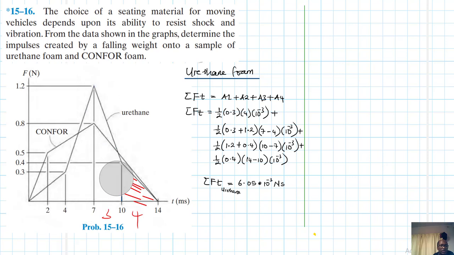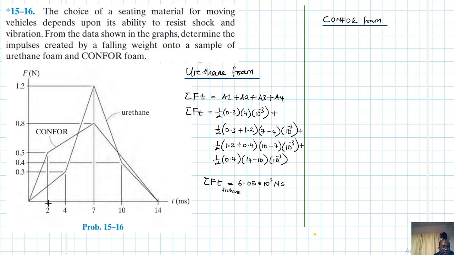So we are on the CONFOR foam. Those are abbreviations, right? So let's check out the impulse for this one. What do we have? Let's divide this.